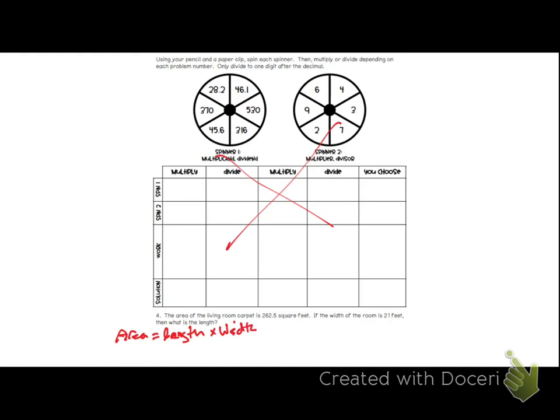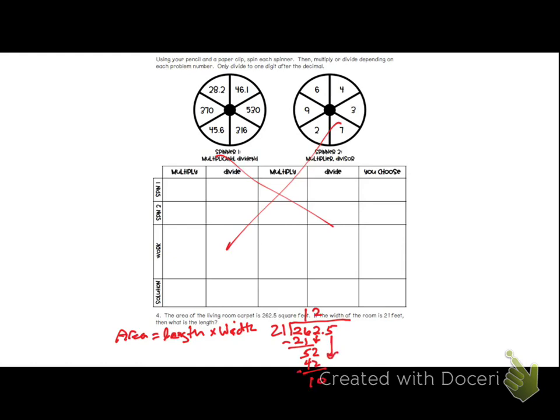Okay, so they told us we have 262.5. I need to multiply 21 times something. Since I don't know what it is, I'm going to divide that by 21. 21 goes into 26 one time. Remainder 5. 21 goes into 52 two times. 42.